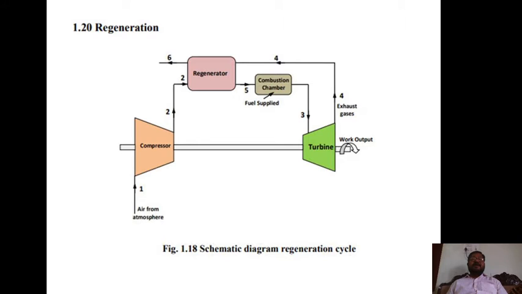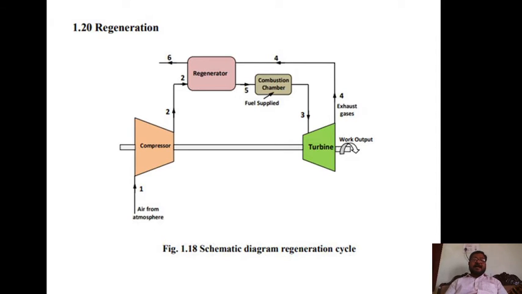It is a closed container which is having more heat, so that the heat will be given to this pipeline, the small insulated pipelines. The heat exchange is between the hot gases passing through this line, 4 to 6, and the line 2 to 5.